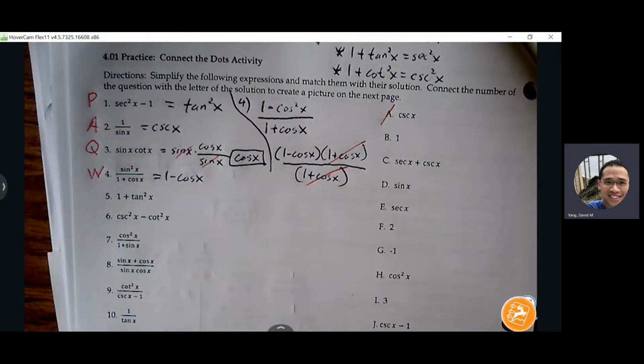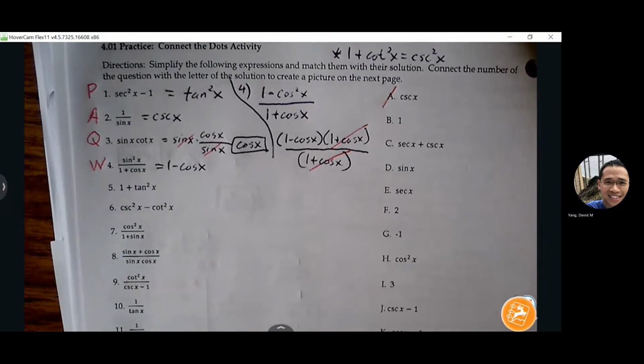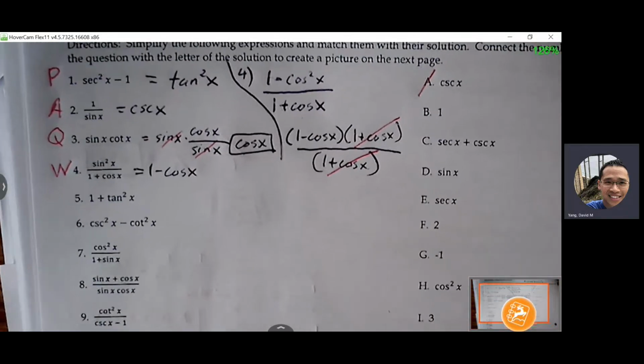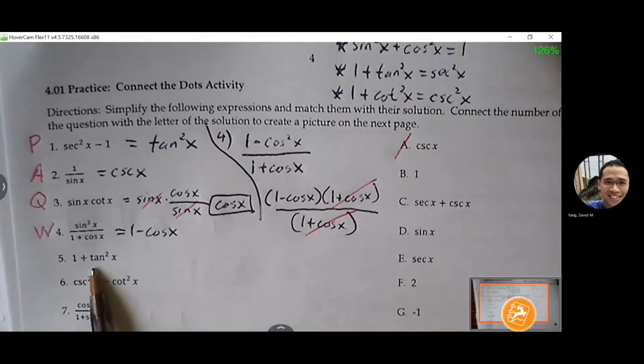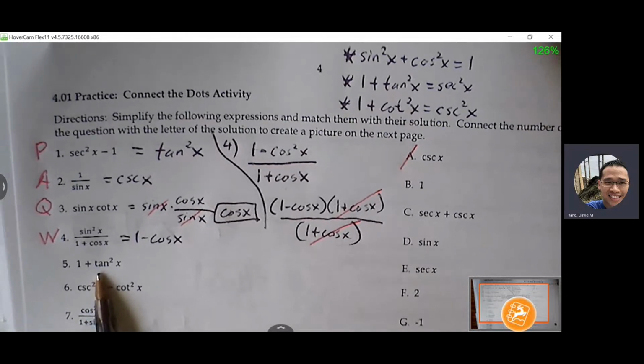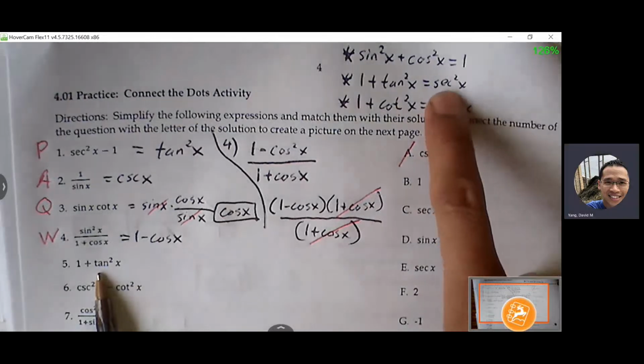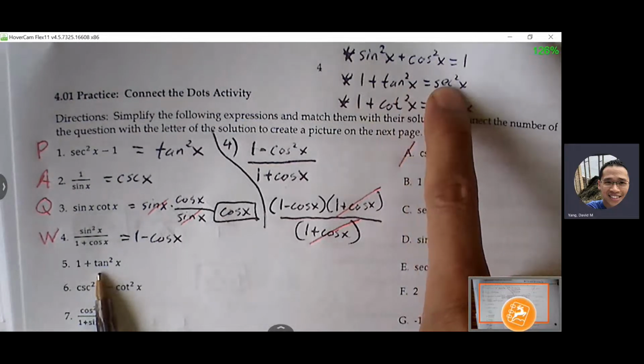Okay, let's just do a few more here. Number 5. 1 plus tangent squared x. Do you see anything that we can do here? Any identity that we can use? Yeah, looks like it's already nicely set up, right? So secant squared x.